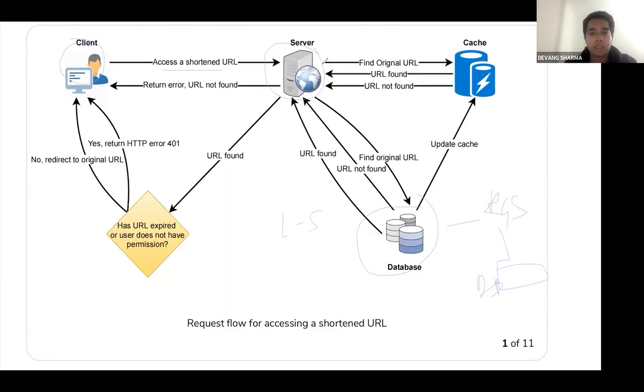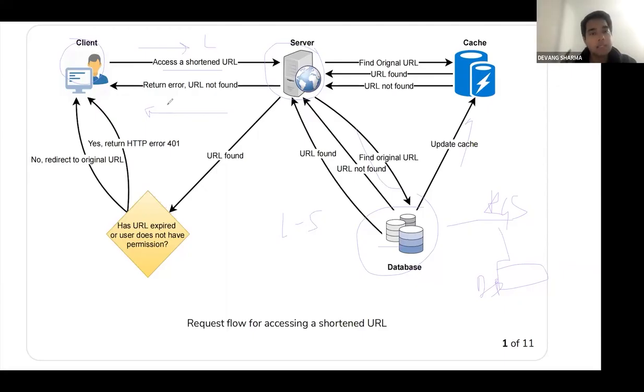Now what will happen is there are two cases, a long call or a short call. A long call means a request comes, I want to convert a long URL to a short URL. It will go to the server. From the server, it will go to the key generation service. Key generation service will give a key immediately available. Primary database will map that key, give the response back. First, it will update the cache also, then give the response back to the server, and it goes back to the client.